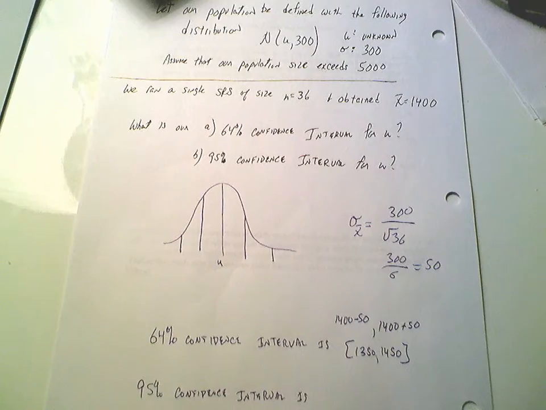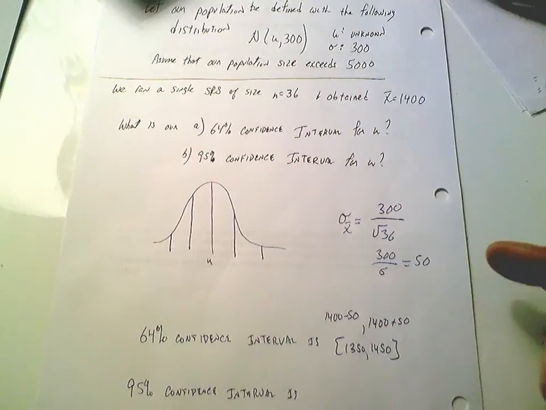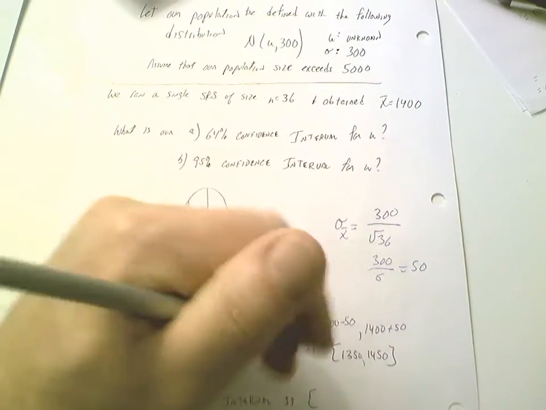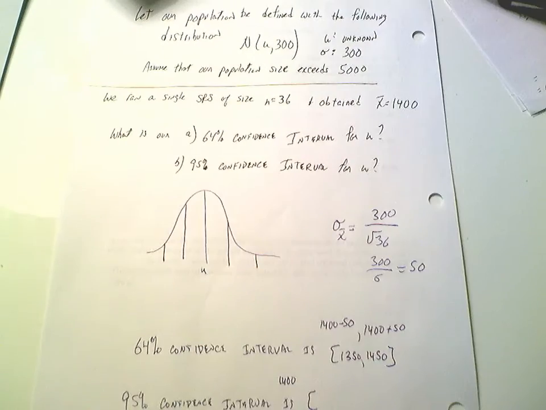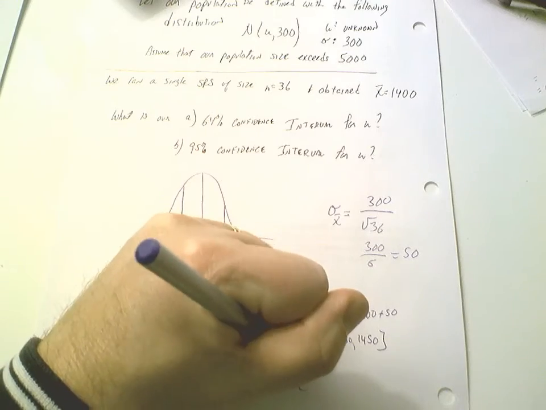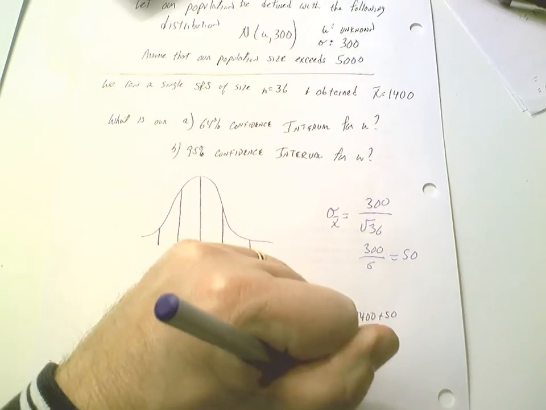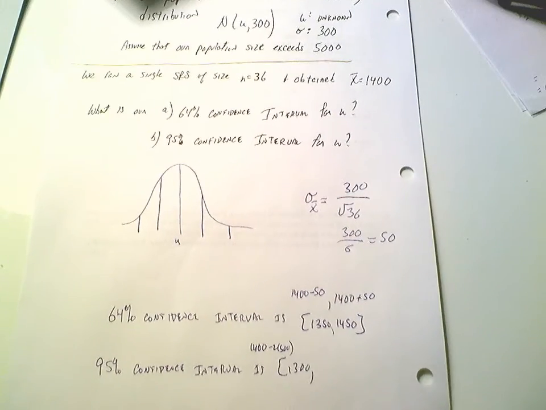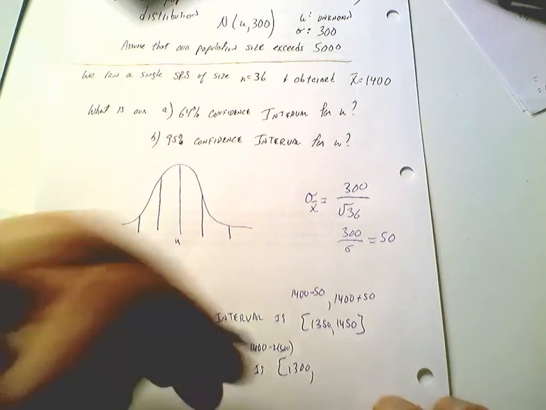A 95% confidence interval is what? 2 standard deviations above and below. I am 95% confident that I am 1,400 minus 2 times 50, 1,300, 1,400 plus 2 times 50, 1,500.